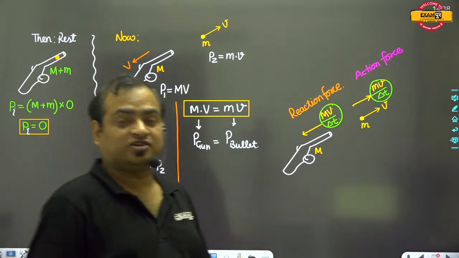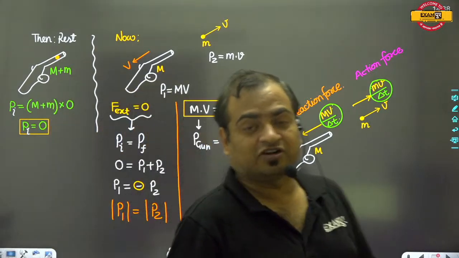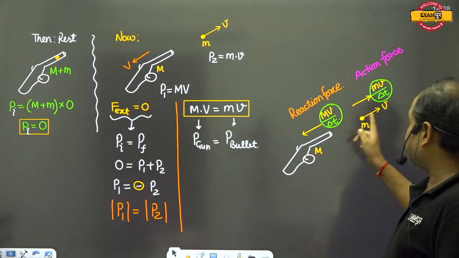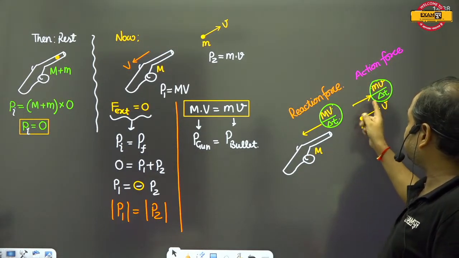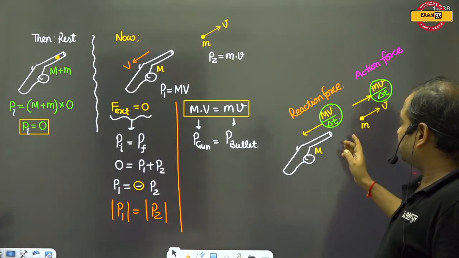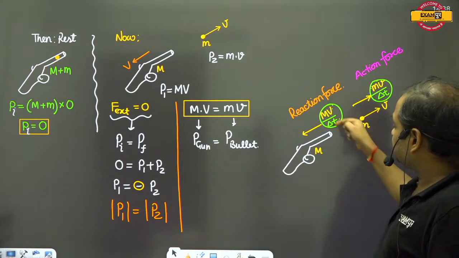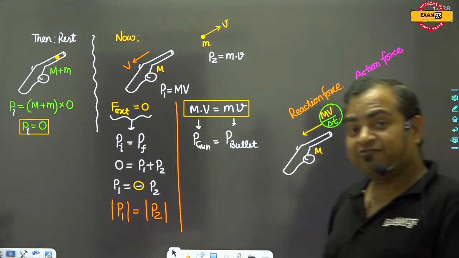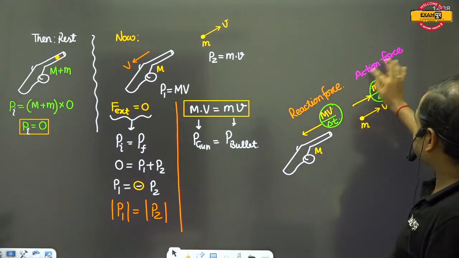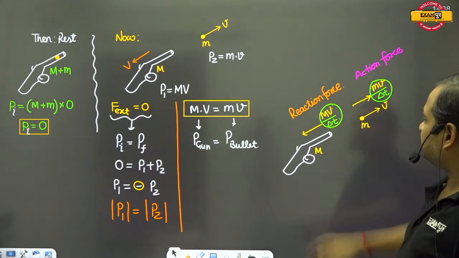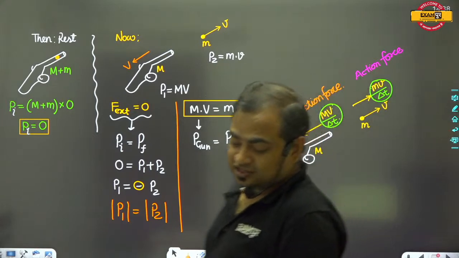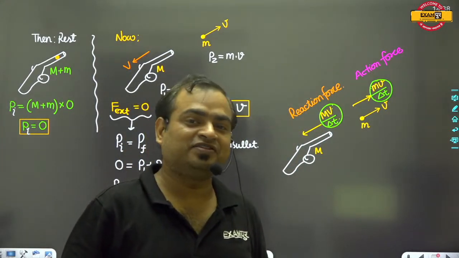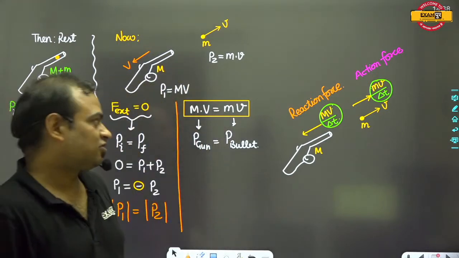According to Newton's third law of motion, if a body applies a force on the first body, then the first body also applies an equal and opposite force on the second body. It means every action force has an equal and opposite reaction, and you all know this.